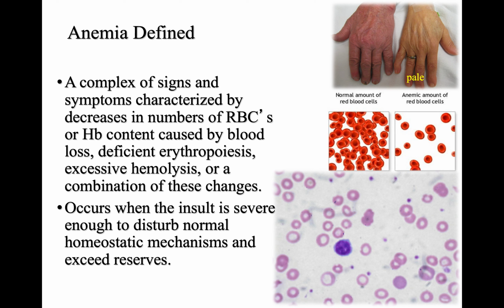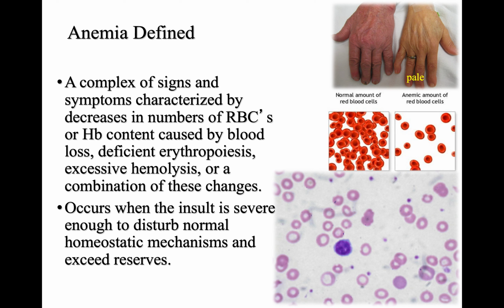It can be due to impaired erythrocyte production, so they're just not being made right, the red blood cells. It can be due to acute or chronic blood loss. It can be due to an increased erythrocyte destruction. So maybe we have the normal amount, but for whatever reason, severe and rapid, or maybe not so rapid, slow hemolysis is going on. So they're breaking down. Or it can be a combination of any of those.